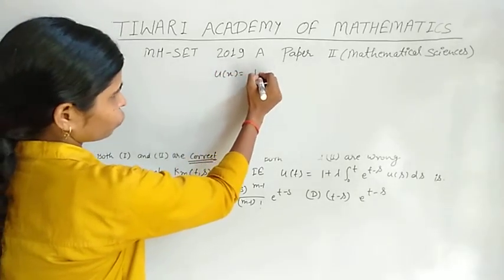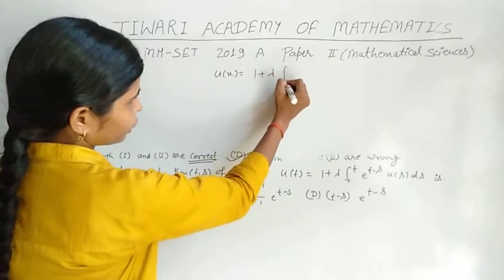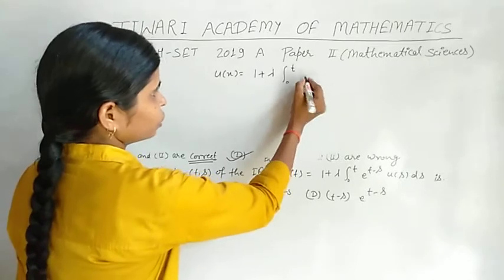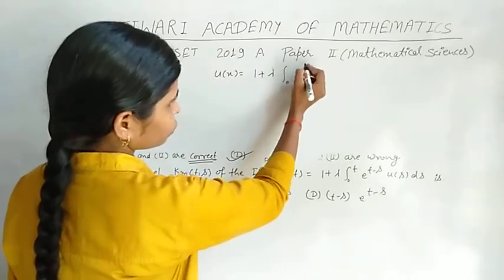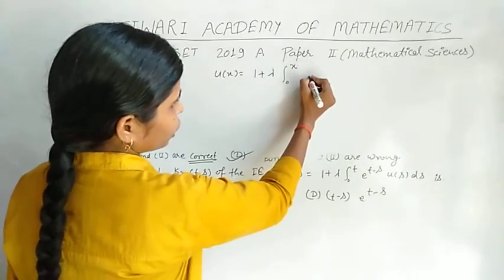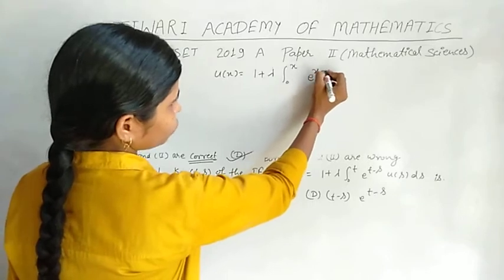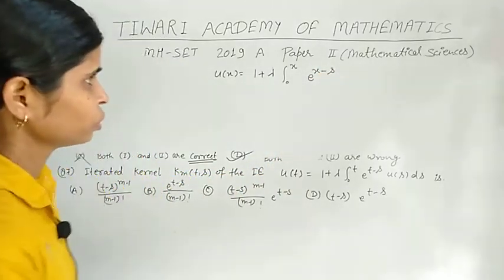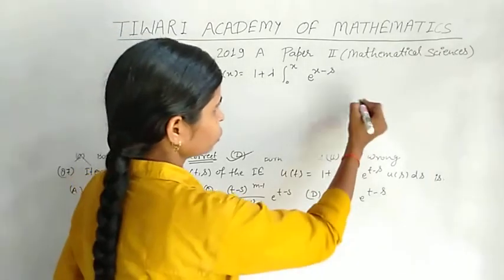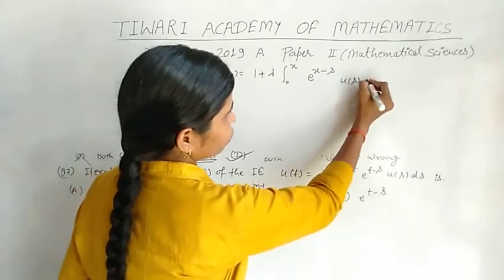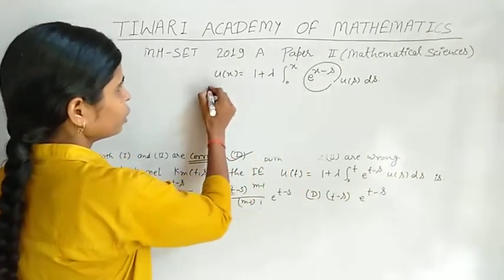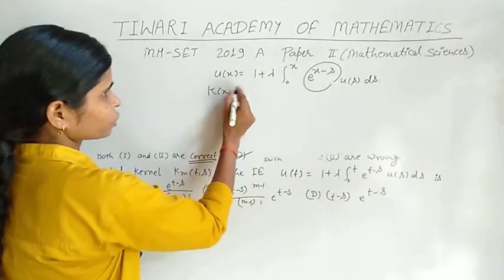u x is equal to 1 plus lambda integration 0 to x, e raised to power x minus s, u s ds. Here this is our required kernel K x.